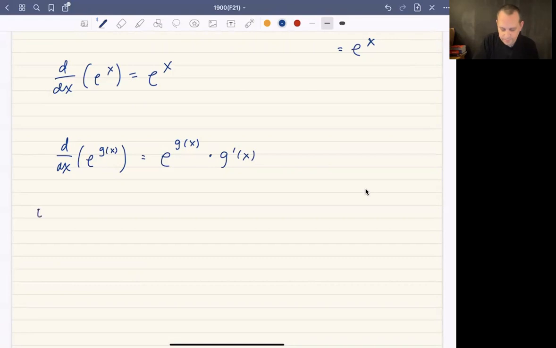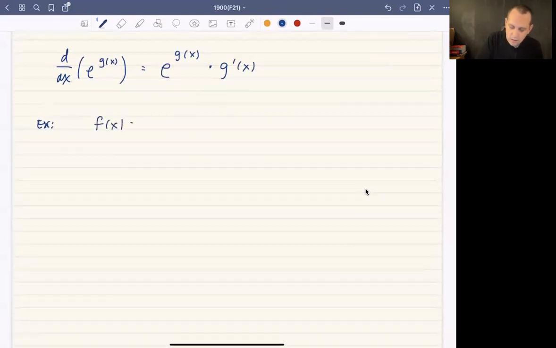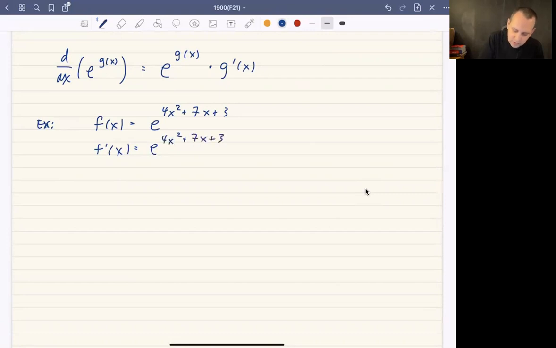So for example, if we were to have the function f of x is e to the 4x squared plus 7x plus 3, then the derivative would be e to the 4x squared plus 7x plus 3. So it's always itself times the derivative of the exponent, the derivative of 4x squared plus 7x plus 3 being 8x plus 7.